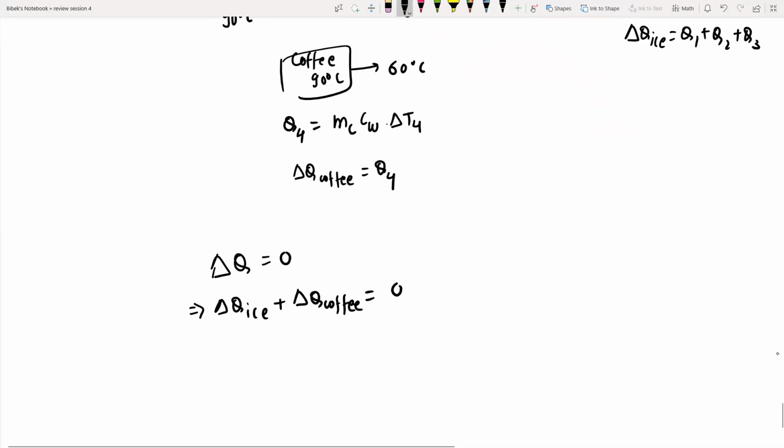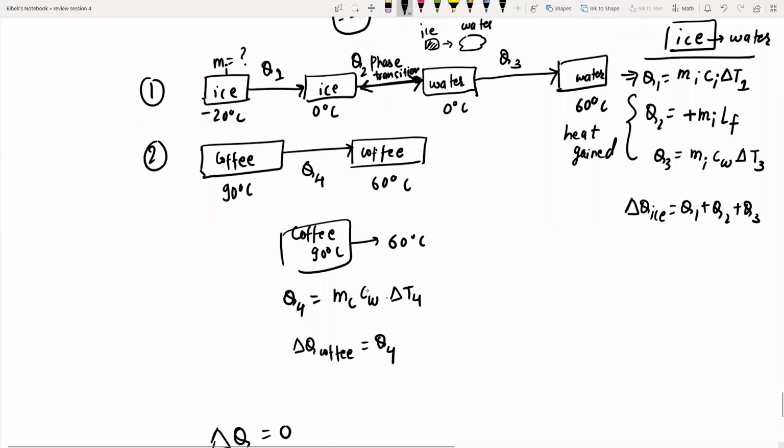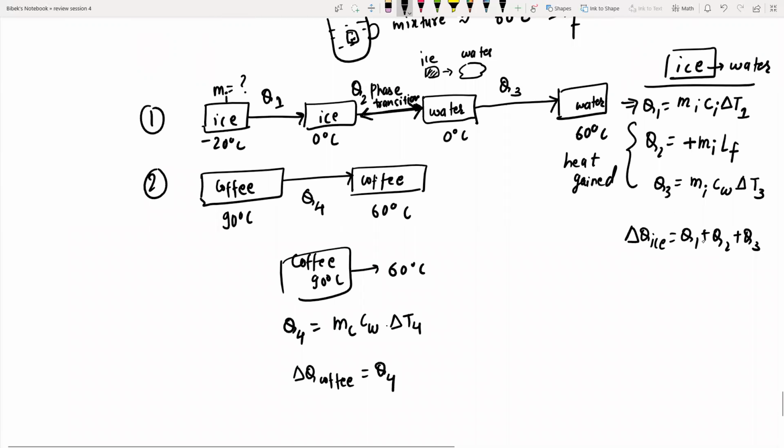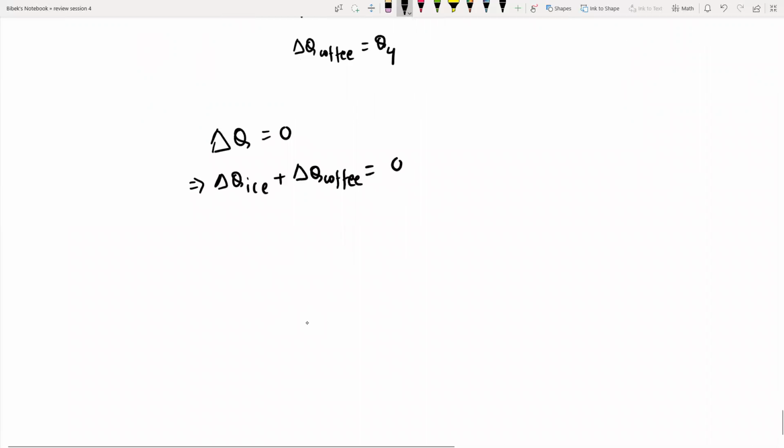Okay. So to make the problem easier, you can individually calculate all these terms and find the numerical values and substitute here. For me, it's fine if I do it the other way.